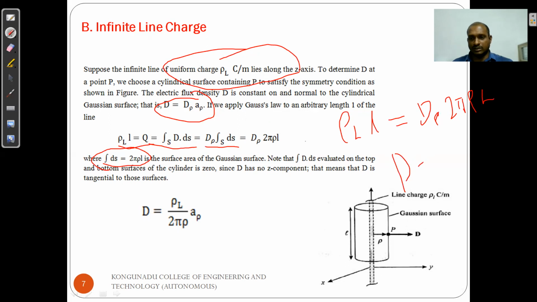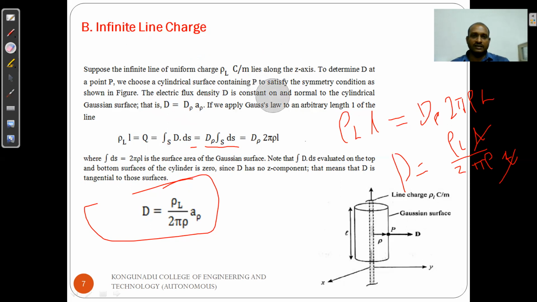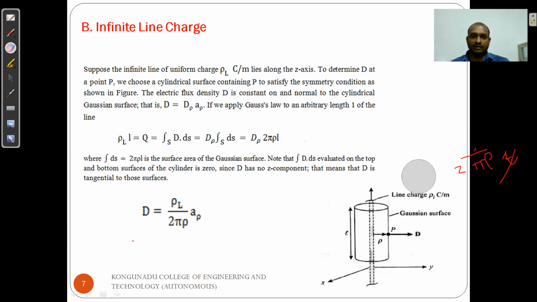D is equal to rho L into L divided by 2 pi rho L. The L will be cancelled. Finally, D is equal to rho L divided by 2 pi rho, into a_rho. This is the flux density due to an infinite line charge. We determined the electric flux density value with the help of Gauss law.